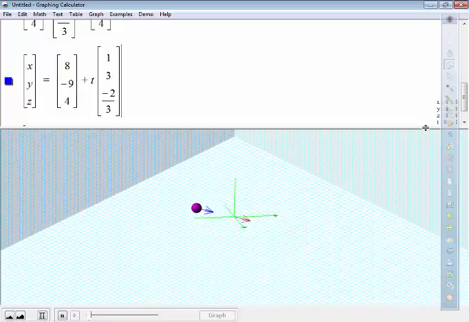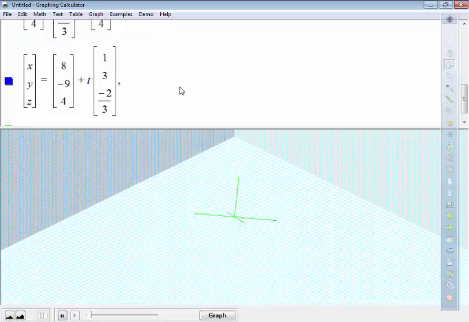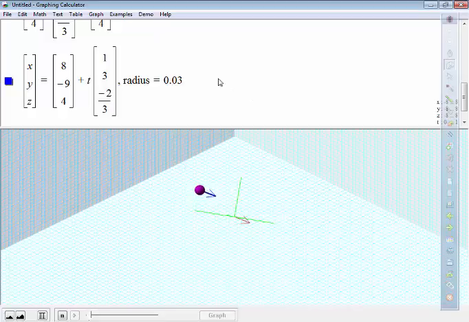So can't see it. You know what's going on? You know where that line is right now?